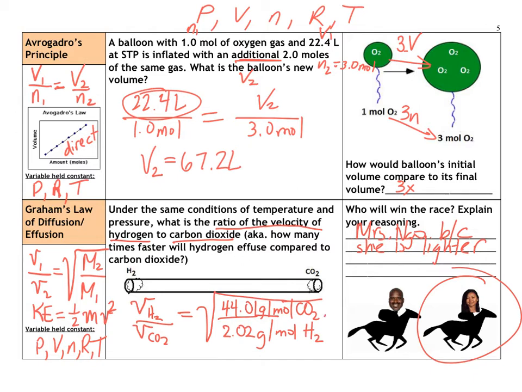And you'll notice that when you divide and take the square root of this number, you'll end up with a ratio that is 4.67. And what that means is it describes how the rate of hydrogen gas travels 4.67 times faster than the rate of carbon dioxide.